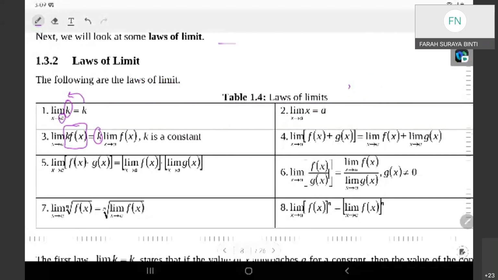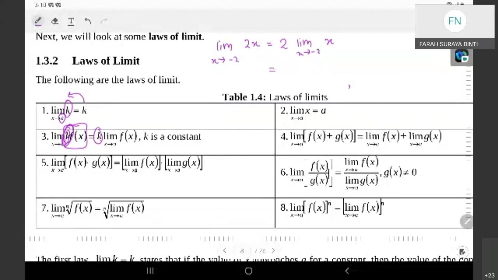For example, we have limit x approach negative 2. For example, the function is 2x. Ada nombor k kat depan. So dia kata k tu boleh bawa ke depan. So kita boleh jadikan dia 2 bawa ke depan, limit x approach negative 2 of x.